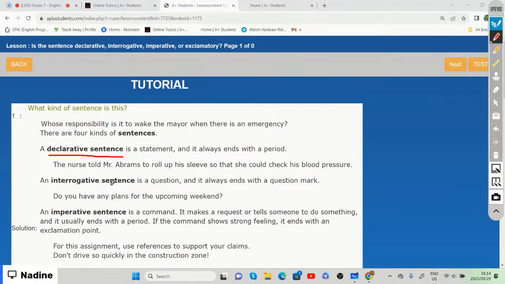So it's basically just telling someone something. The statement that you're making, the statement that someone is making. And usually, when it comes to making a statement, you do not expect a response at all.